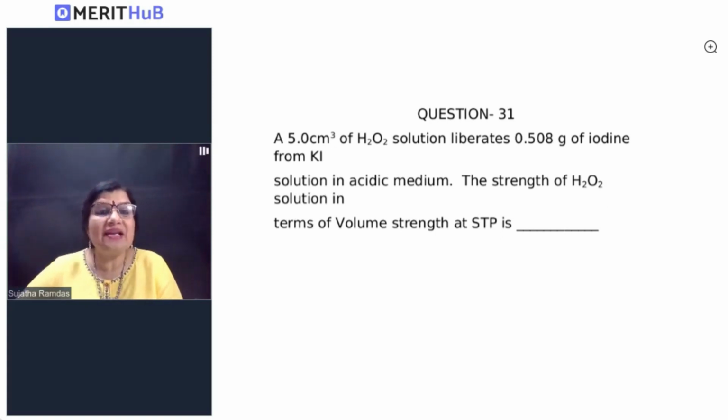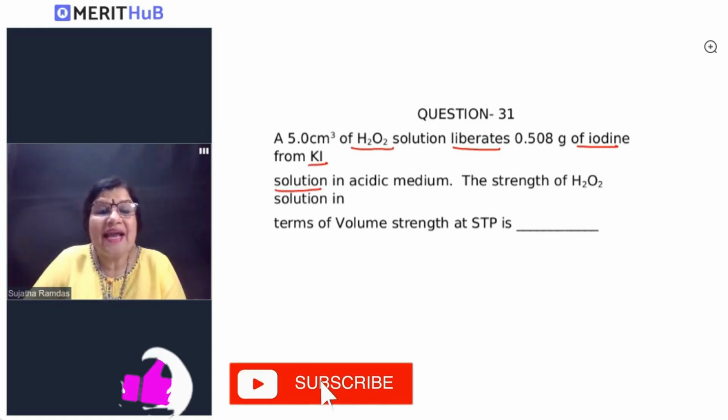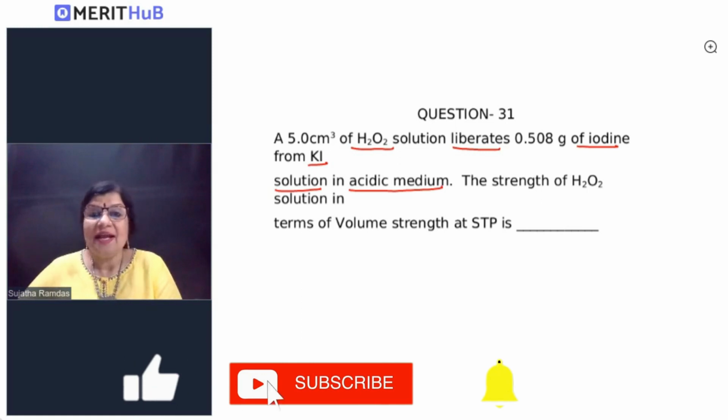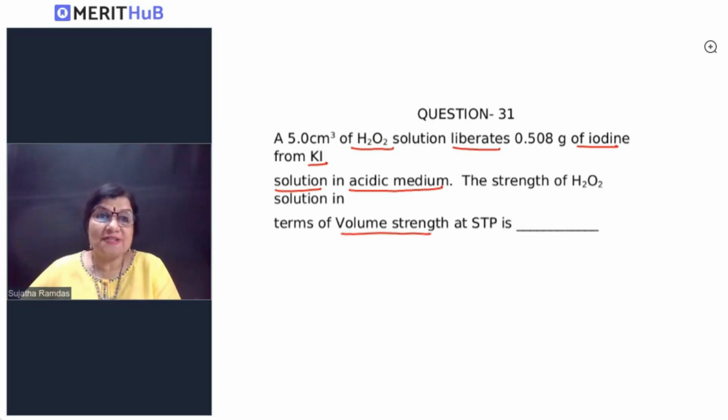So this is a numerical value type question, right? Here we have hydrogen peroxide solution liberating iodine from potassium iodide solution in acidic medium. This helps us not only solve a question and get the volume strength of hydrogen peroxide, but also recollect some important chemical properties of hydrogen peroxide. You're aware that hydrogen peroxide can act as both an oxidizing and reducing agent.